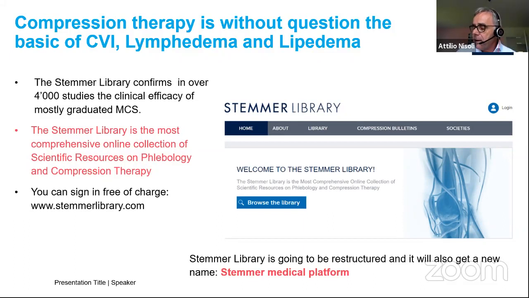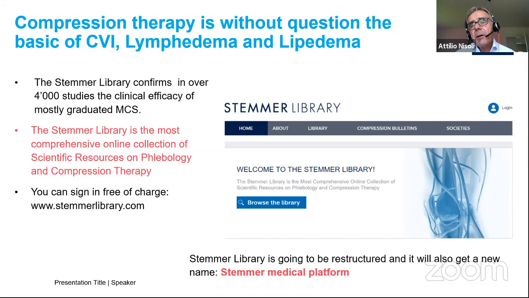SIGVARIS continued with this Stemmer library, and it's conducted under the guidance of the International Union of Phlebology, the UIP.